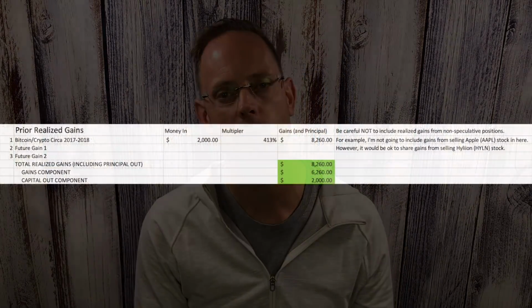And so this is the key realization, that it's important to document these realized losses as it pertains to speculation. Let's keep going. Check it out on the screen right now.